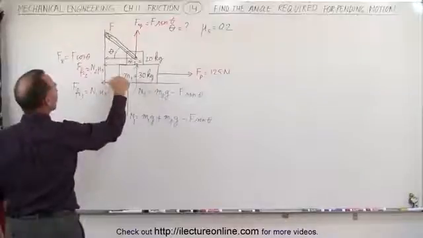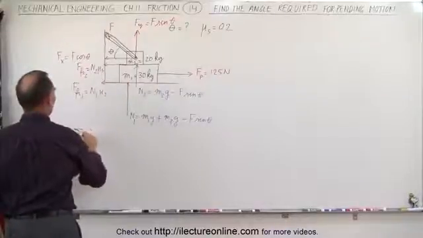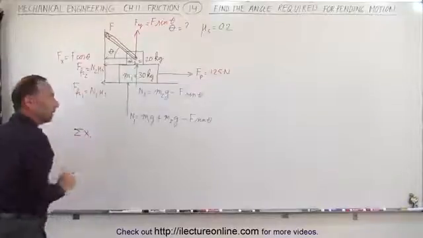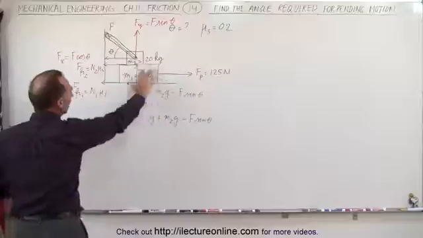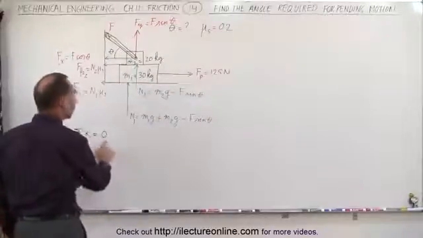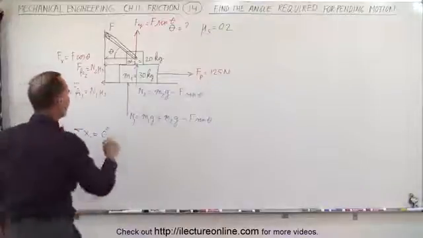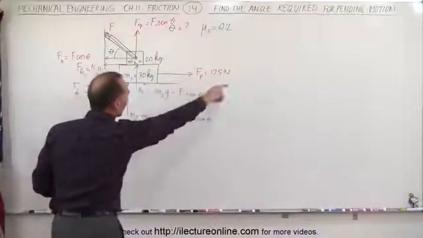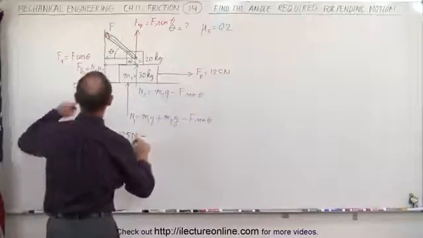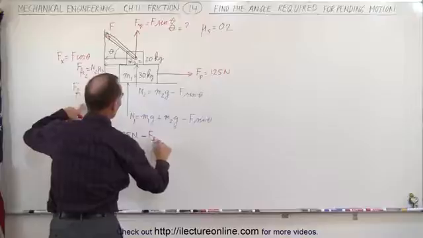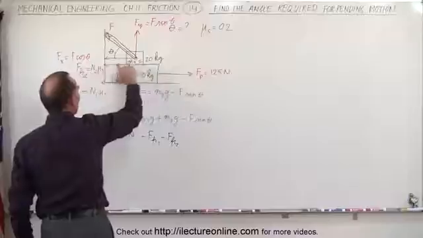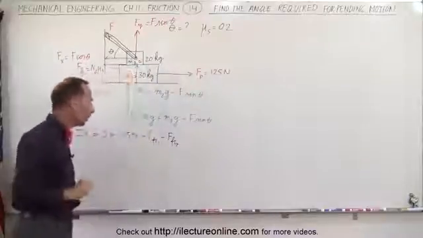The sum of all the forces in the x direction, call it x sub 1, because we're only working on the bottom block, should be equal to 0 because nothing is moving yet. That will be equal to the force pulling to the right, 125 newtons, positive, minus friction force 1 and minus friction force 2, because those two forces act in the opposite direction relative to block 1.